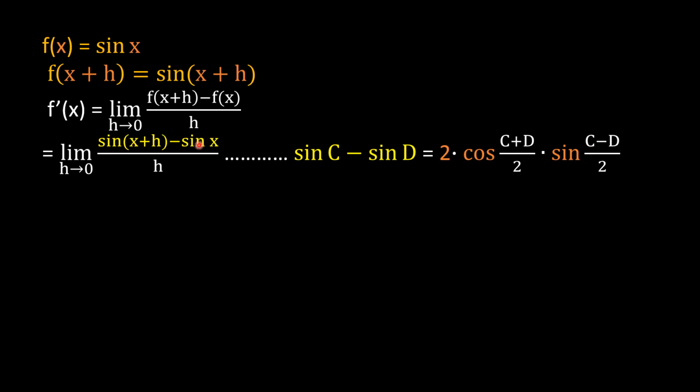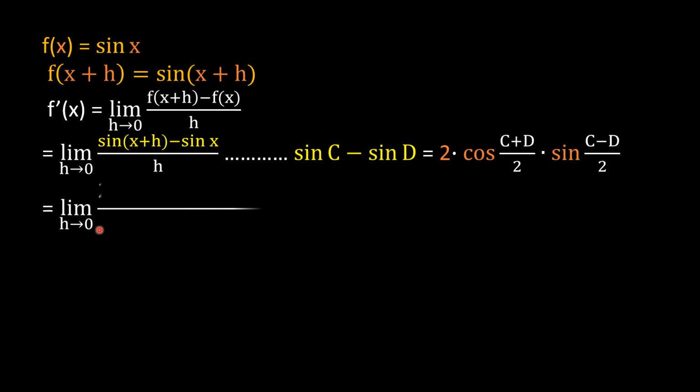We will expand the numerator by the factorization formula that we know. Sin c minus sin d equals 2 cos of (c plus d) by 2 times sin of (c minus d) by 2. Here x plus h is c and x is d.